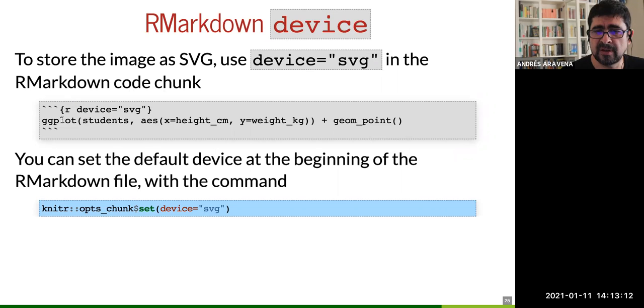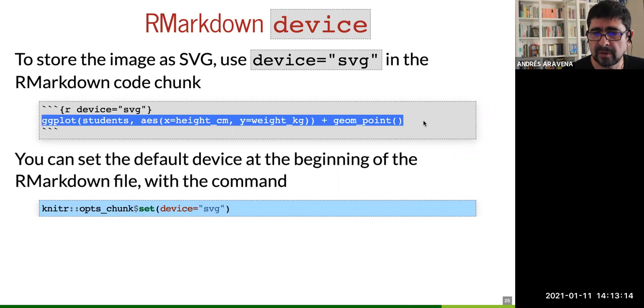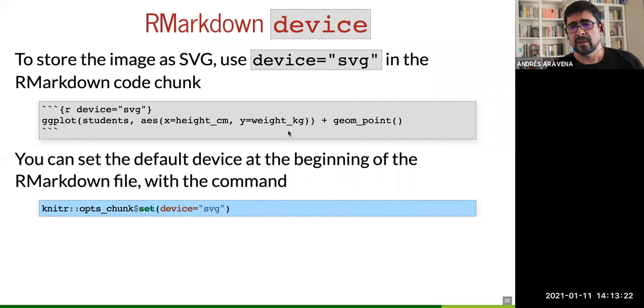So for example, if I'm going to do this plot, we can try. Well, let's see if we have time later. We try this one. So if we have a plot, we can decide in each chunk which format we use. Yeah, maybe we should do it right now. Okay, let's make a quick thing.